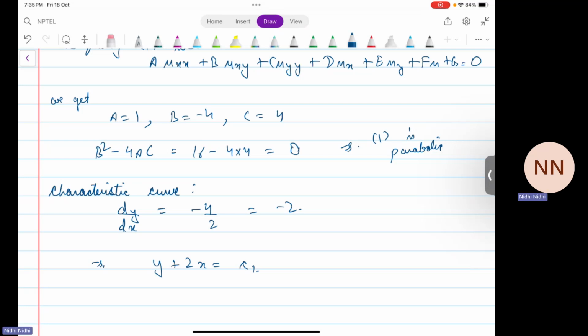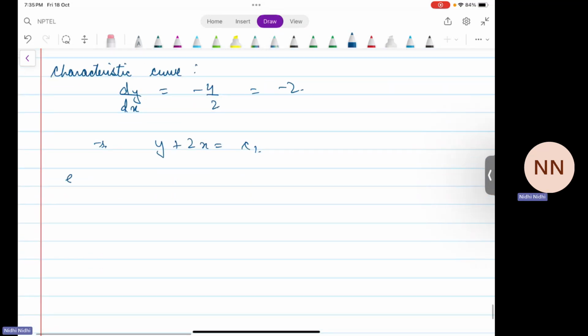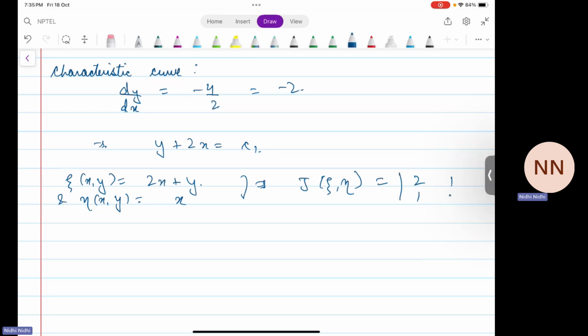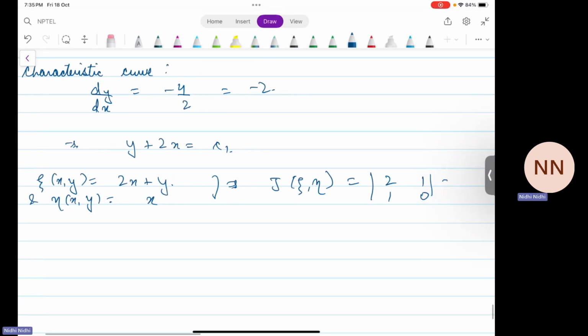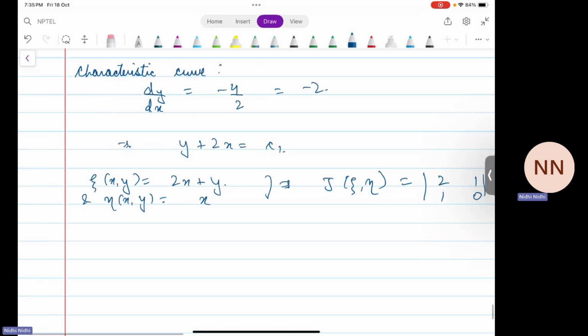So in this case, we will take some function zeta xy is equal to 2x plus y, and eta xy is equal to x. Now we can see that the Jacobian of zeta and eta is equal to determinant 2, 1, 1, 0. This is basically minus 1, which is non-zero. Therefore, such a substitution can be done. So this substitution is well defined.